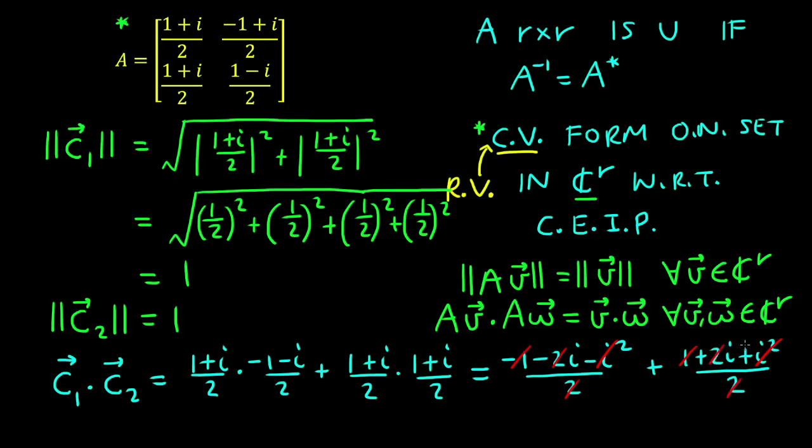So minus i plus i is 0. So the column vectors are orthonormal. And therefore A is a unitary matrix. So as an exercise, try to calculate the inverse of the matrix and verify that it's equal to its conjugate transpose.